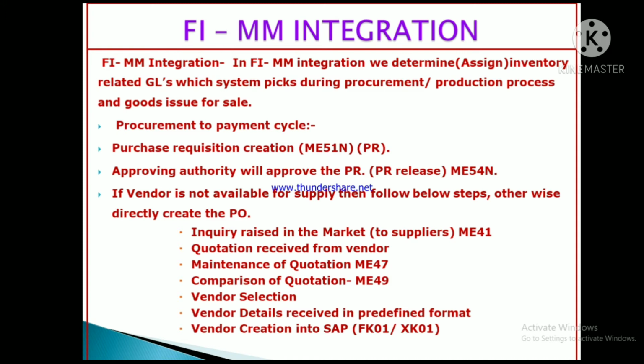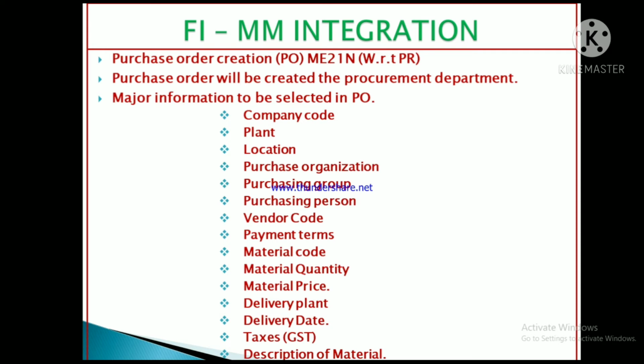The next step is purchase order creation. We will create a PO with reference to PR by the T code ME21N, with reference to the purchase requisition.